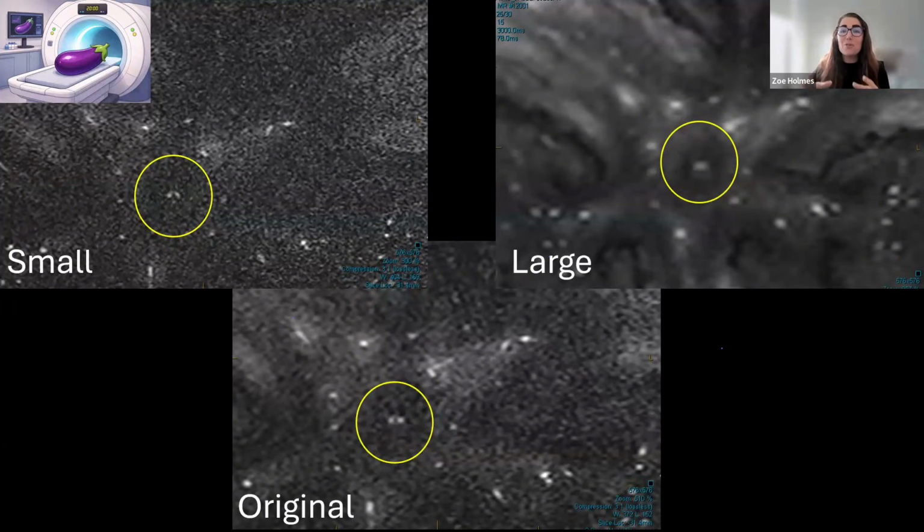So this is what happens when we really zoom it up. We can see that with a smaller field of view, we retain our ability to differentiate between those two tiny adjacent structures, the two high signal intensities I've circled in yellow. On our conventional one, we can see that they're two separate entities as well. But once we go to the large field of view, we lose our ability to differentiate these as two separate structures.